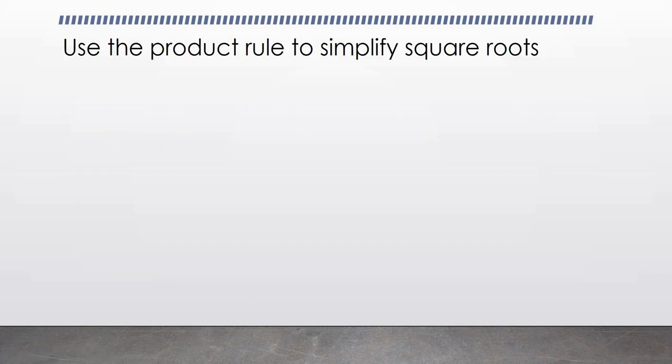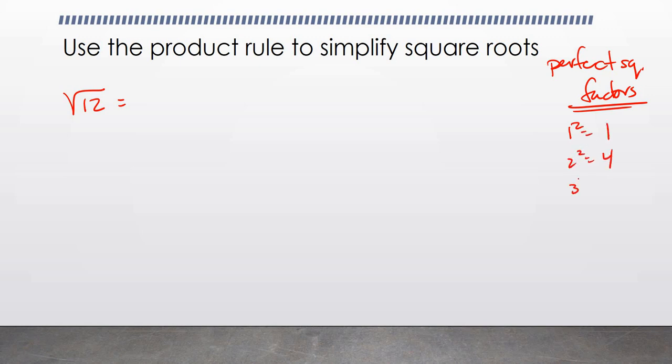So let's do a few more examples using the product rule to simplify square roots. If I have the square root of 12, my key here is to find perfect square factors. So I want factors of 12 that are perfect squares. Perfect squares are numbers like 1, 4, 9, 16.